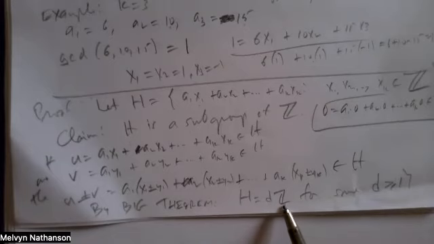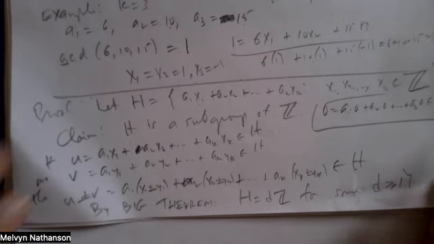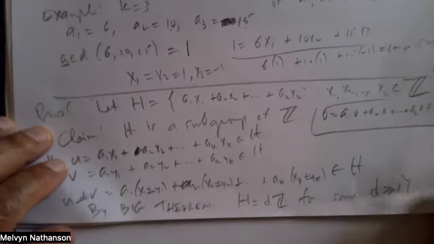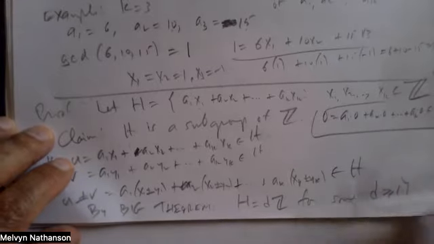So H is the set of multiples of some positive integral d. So by the big theorem, every subgroup is of the form dZ. And I claim that d is the greatest common divisor.